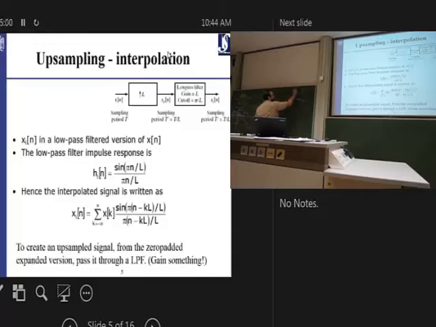For example, X of e to the j omega. Here is omega b and minus omega b. When you downsample the signal by the size N, this signal is expanded.